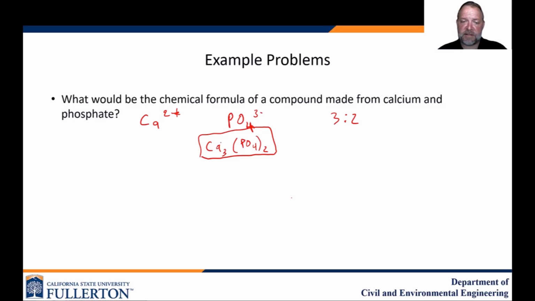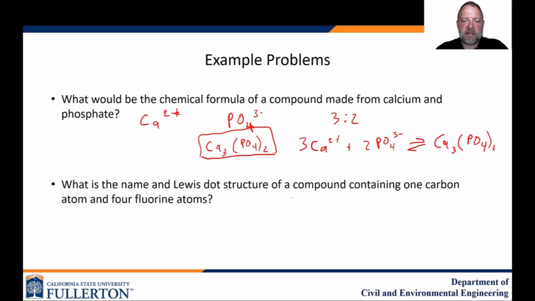So the ratio is really important for this. And the way you could write the equation is like this: 3 calciums plus 2 phosphate is in equilibrium with calcium phosphate.